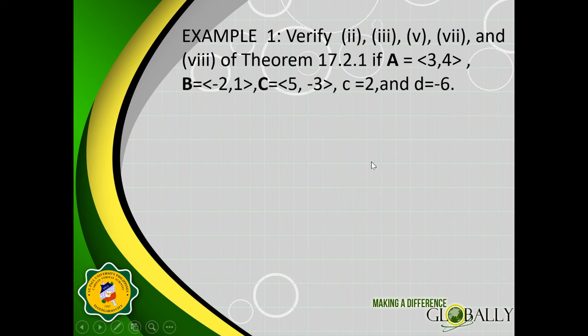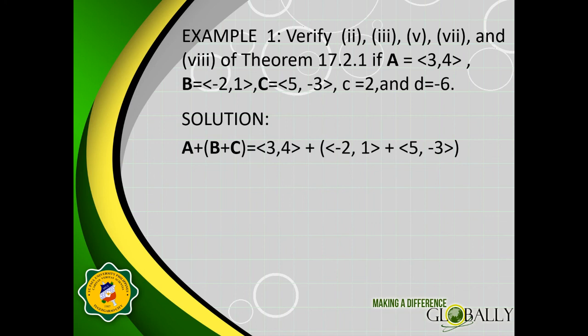Example 1. Verify 2, 3, 5, and 7 of Theorem 17.21 if A equals (3, 4), B equals (-2, 1), C equals (5, -3), c equals 2, and d equals -6.